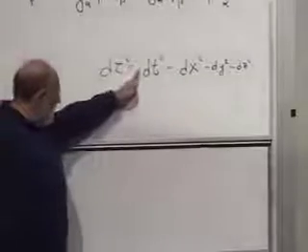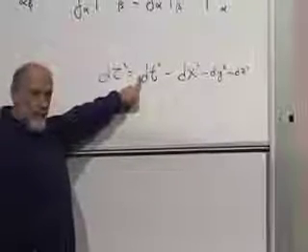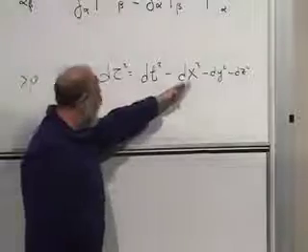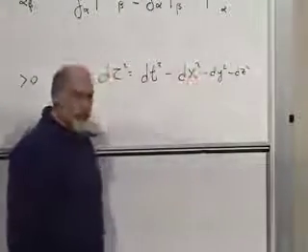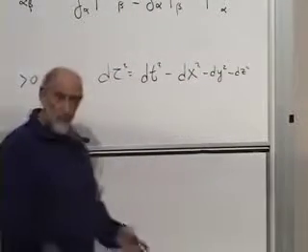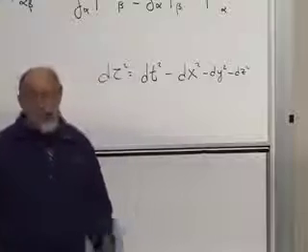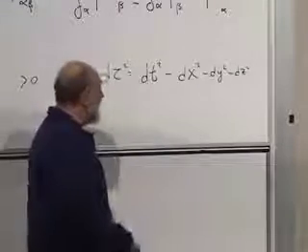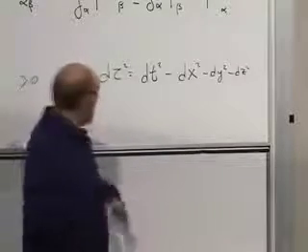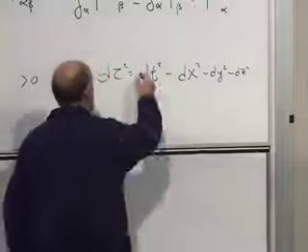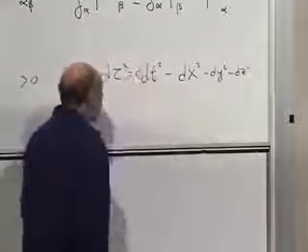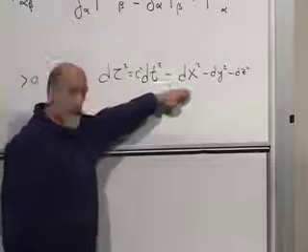I can either multiply this one by the square of the speed. I need to give these the same units. This has units of length squared. This has units of time squared. They're not compatible. To make them have the same units, I need some speeds of light. I can either put the speed of light squared here, but in that case, what is the units of this quantity?